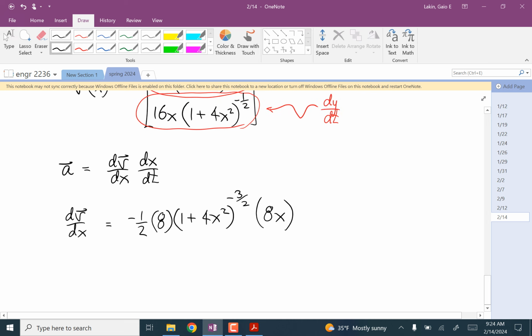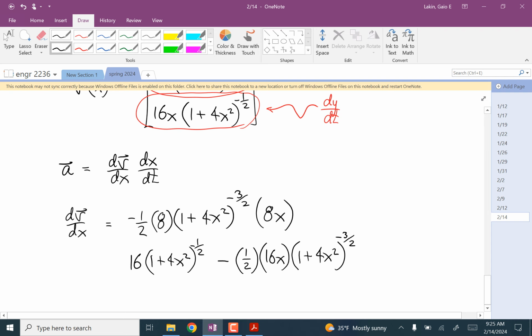The y component, you have to use the product rule. So we have 16 times (1 plus 4x squared) to the -1/2, minus 1/2 times 16x times (1 plus 4x squared) to the -3/2 times 8x.